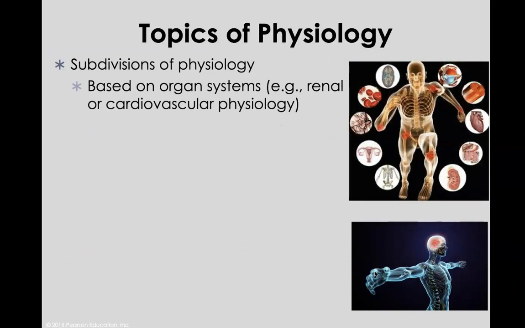Subdivisions of physiology. Physiology is really the study of function. A lot of times I know you'll hear people say, oh, Bio 201 is the anatomy, where 202 is the physiology. And that's not true. Both courses have anatomy and physiology in them.